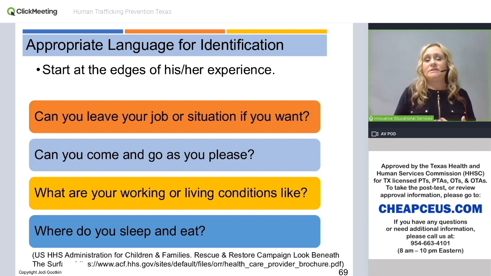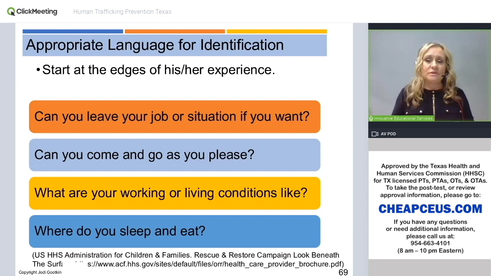You might even decide, based on your facility policy and comfort level, that at some point you bring in a social worker or another colleague, and make sure everyone's on the same page with creating this comfortable environment for the individual. You're going to pose some questions just within casual conversation about the living and working circumstances.